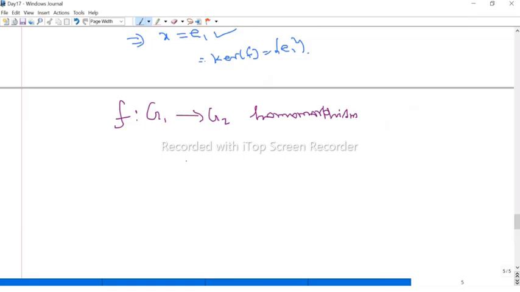We use the notation f of G1, which is the range space: the set of all f of g such that g is in G1.